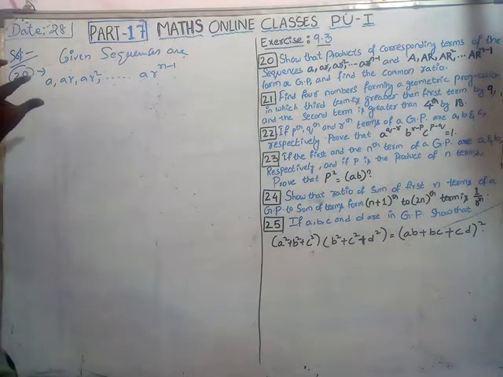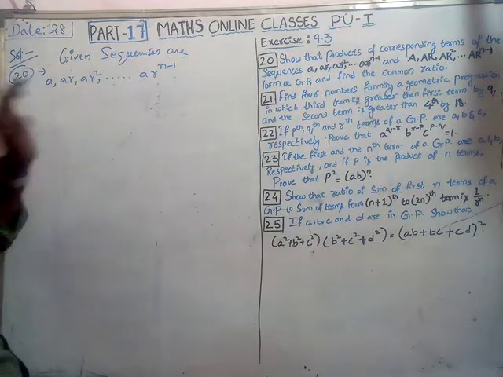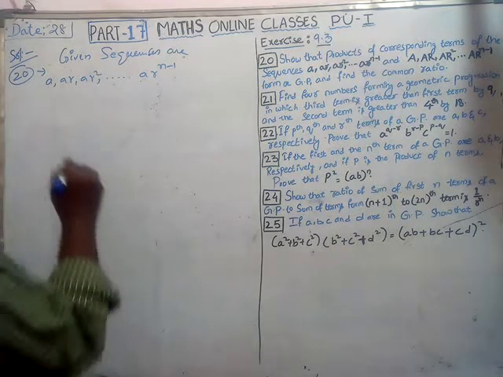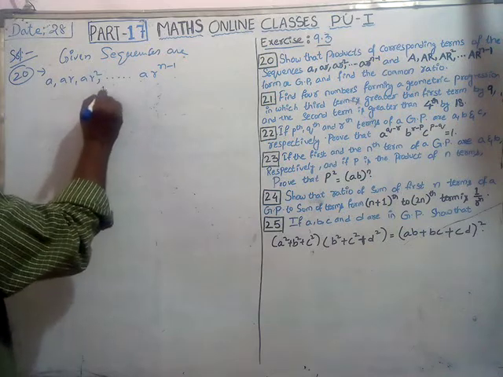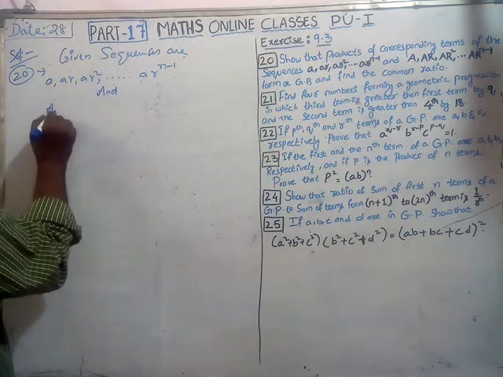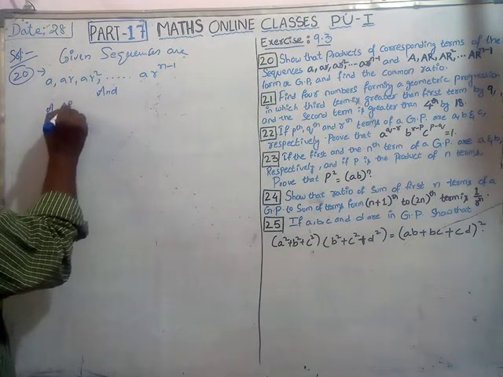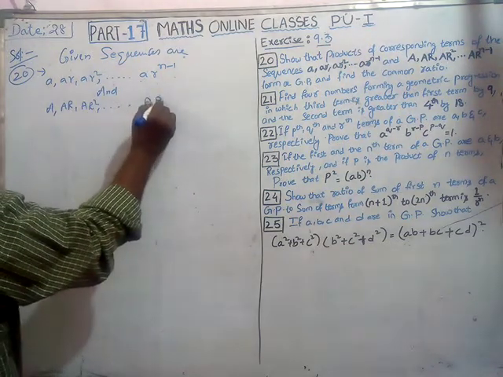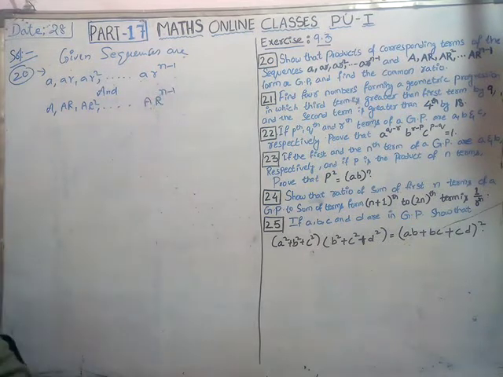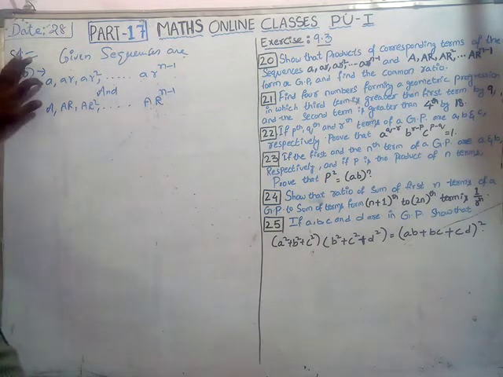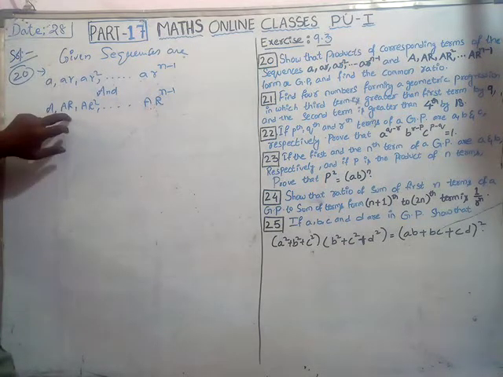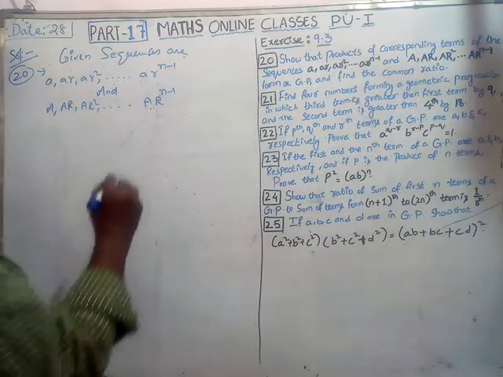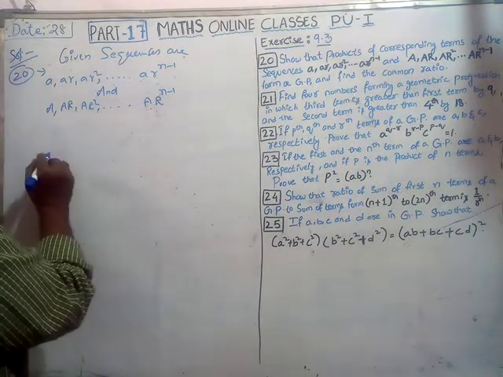It is a sequence starting with A and ending with the nth term AR power n minus 1. And another one is capital A, capital AR, capital AR square, and so on up to capital A capital R power n minus 1. Here small a is the first term, here capital A is the first term. The common ratio is small r, here capital R. So these are the two sequences.